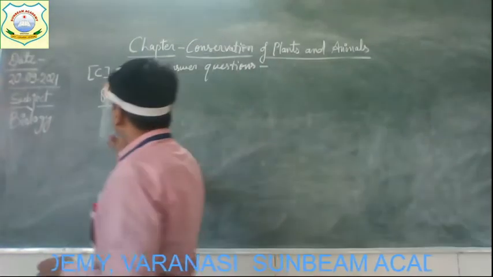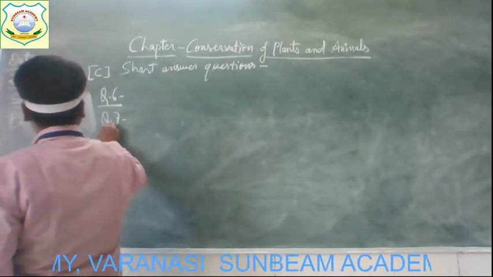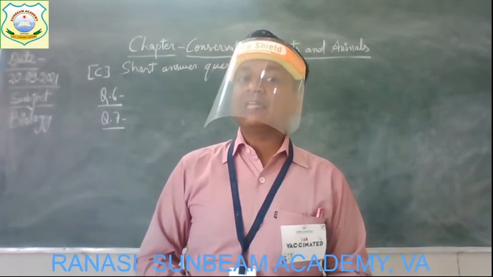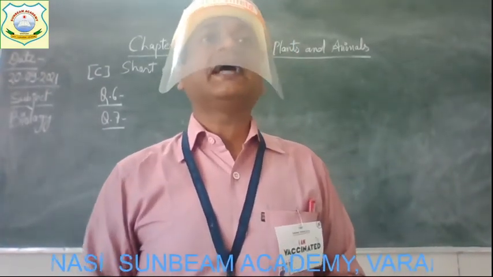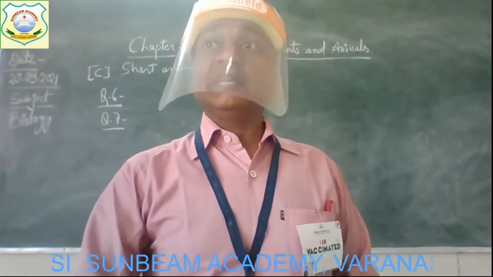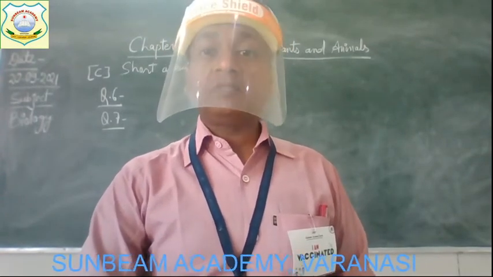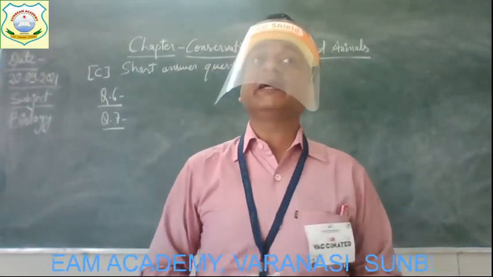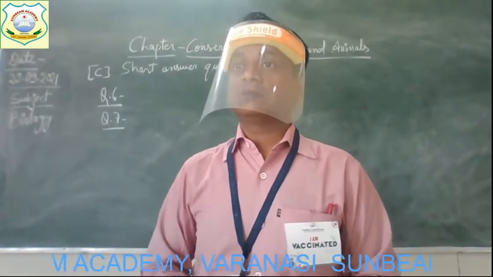Now come to the next question, number 7. The question is, why did IUCN prepare the Red Data Book? Children, here you have to write down the objective. What is the reason that IUCN prepared this Red Data Book?